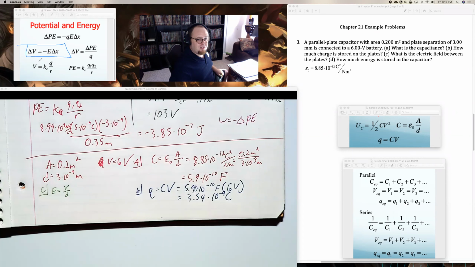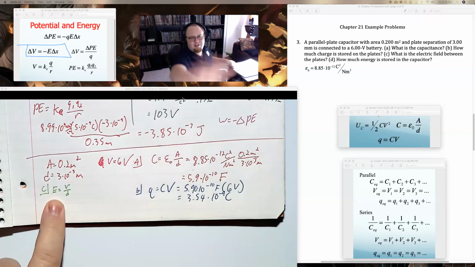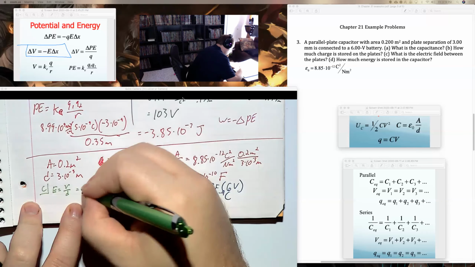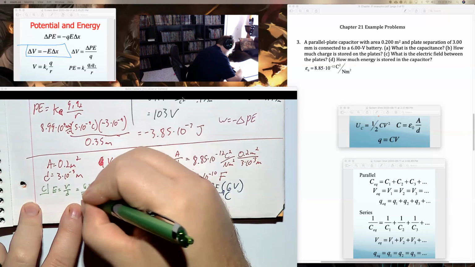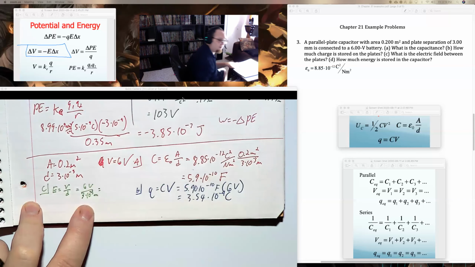But I derived this equation, E equals V over D, directly in the notes. I just literally forgot to grab it when I set up the slides. So it'll just be 6 volts over 3 times 10 to the negative 3 meters, which is 2,000.